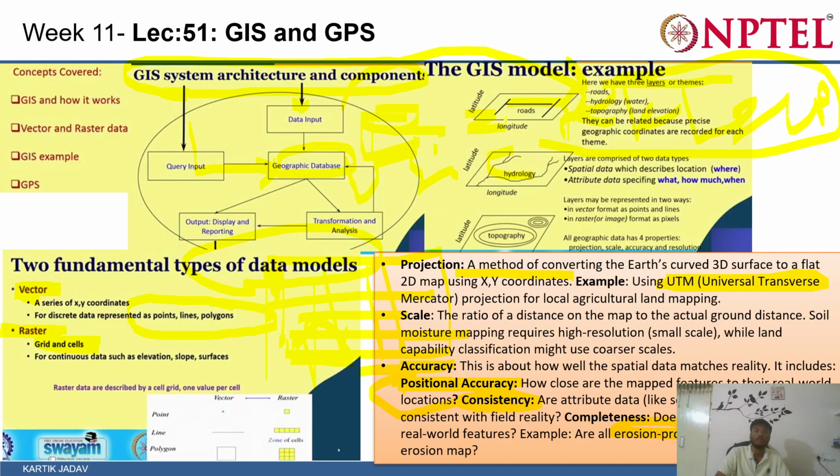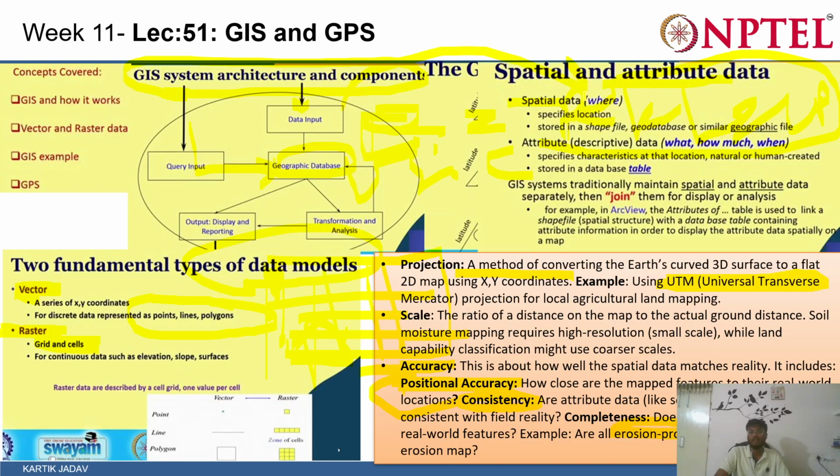Whatever we have predicted through the USLE, RUSLE or modified USLE equation may not be exactly correct as available in the field. That's why completeness is measured.